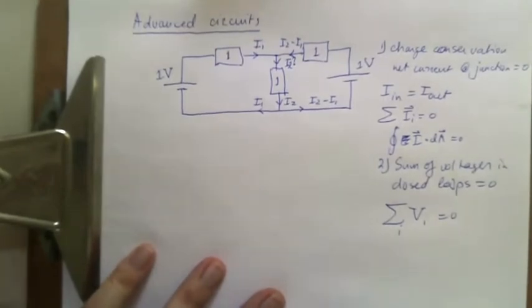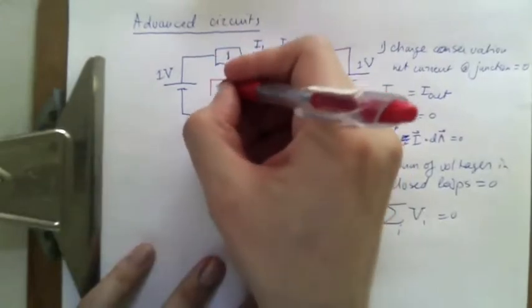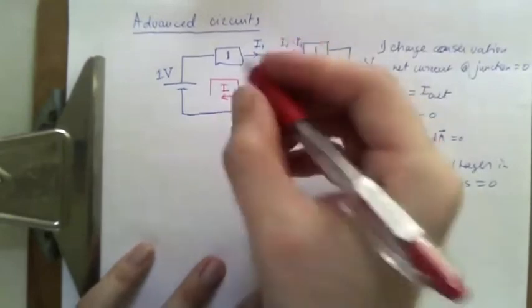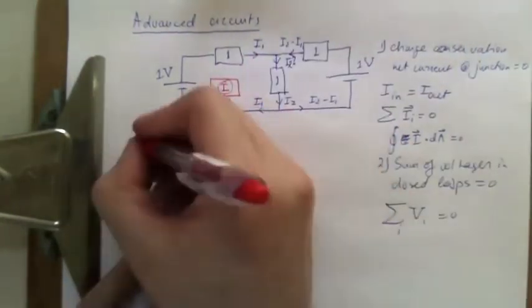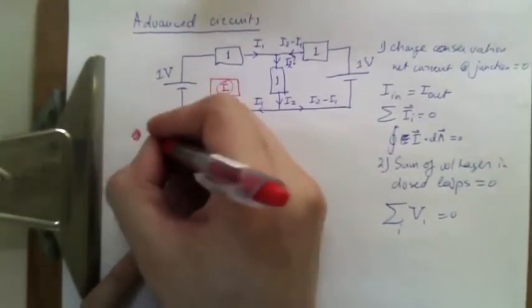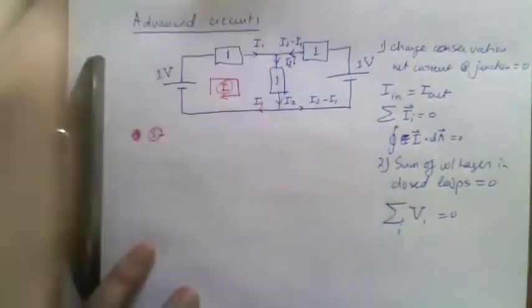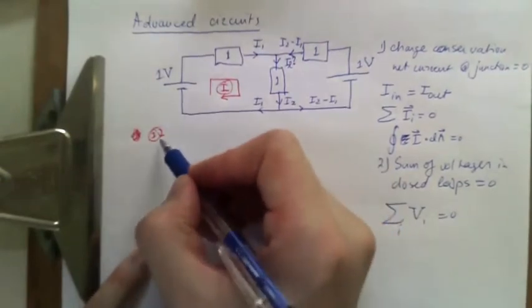Okay, well, let's do loop number 1. That's the Roman 1. Let's start here.